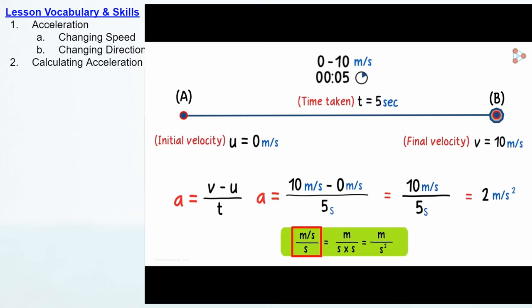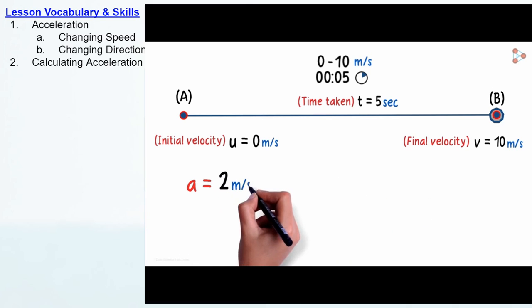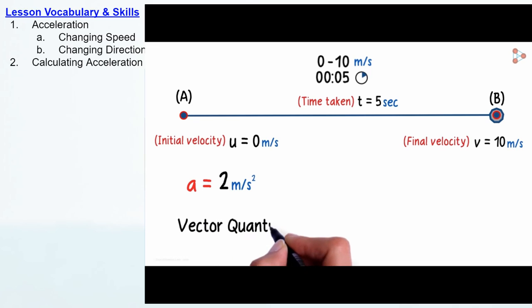This one is more intuitive, but this one is a bit neater, I would say. So the acceleration in this case will be 2 meters per second squared. And acceleration is also a vector quantity. Here, acceleration and velocity are in the same direction. There are many more important concepts about acceleration which we will cover in the coming videos.